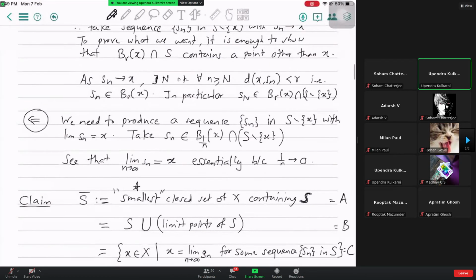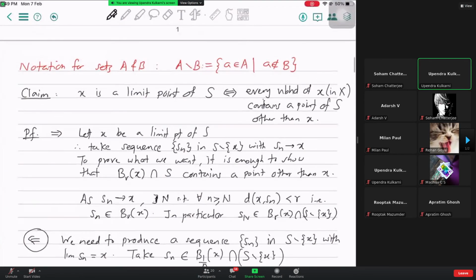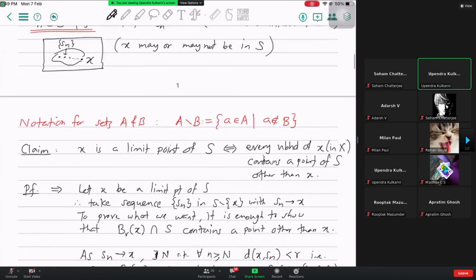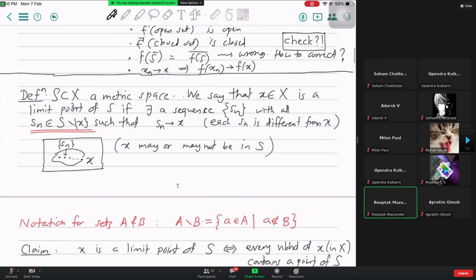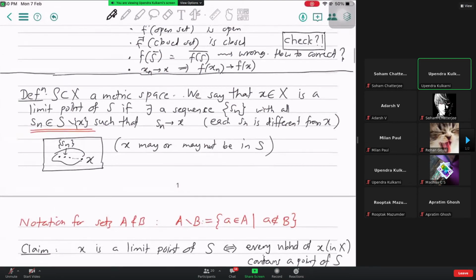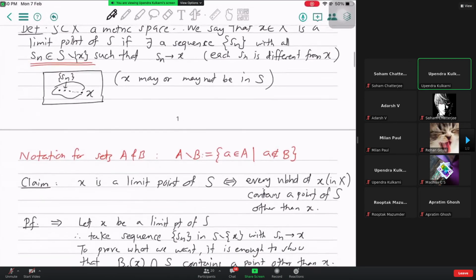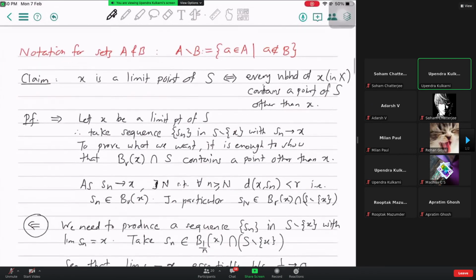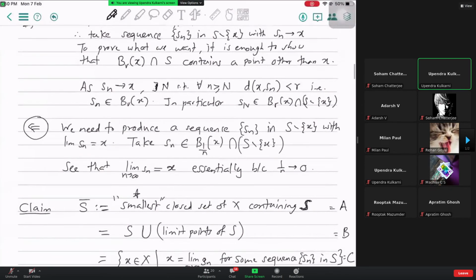Let us see the definition. Let's see the difference between the kind of sequence given here and the kind of sequence that is required for the limit point. All the points have to be different from X. So what if not all points are different from X?